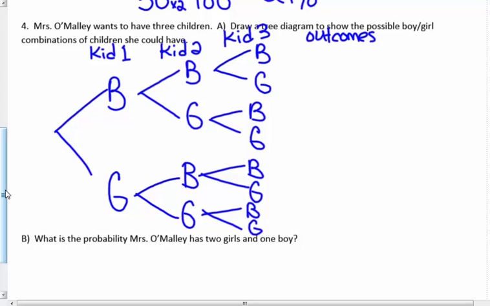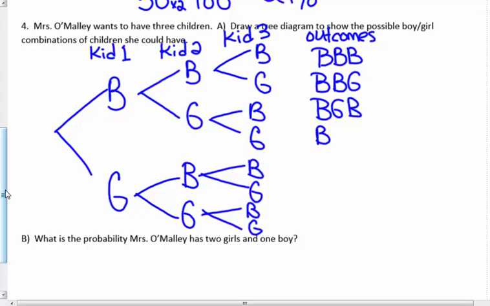We could have boy, boy, boy. Or we could have boy, boy, girl. So I'm just following the branches. We could have boy, girl, boy. Or we could have boy, girl, girl. We could have girl, boy, boy.